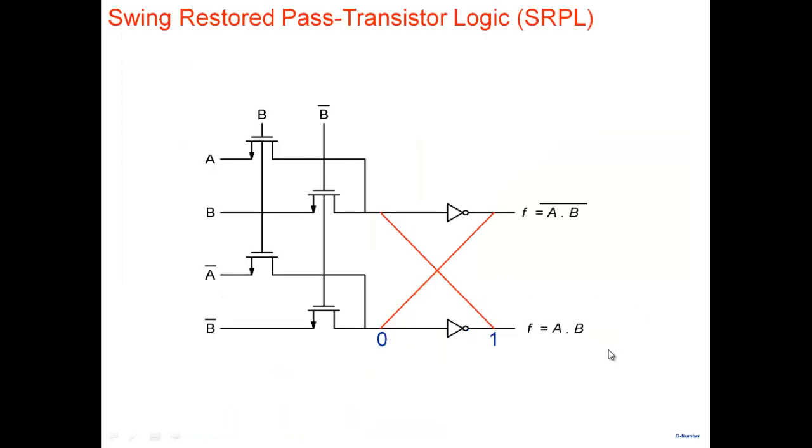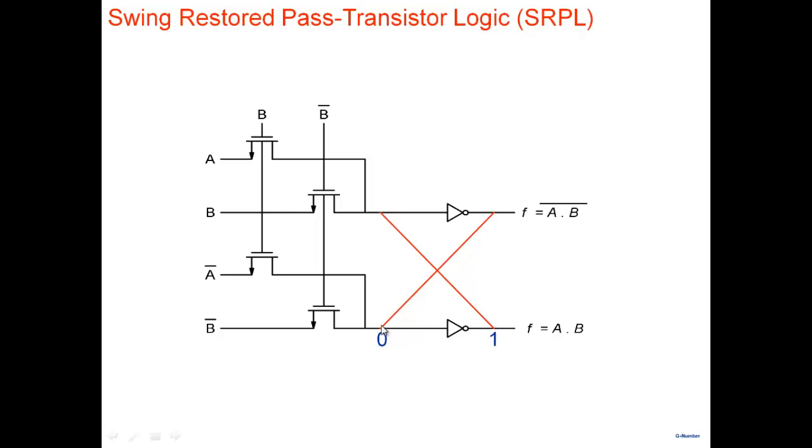All right, there are other versions of this pass transistor logic. In this case, they are trying to restore. So the idea was to restore, so that instead of a weak one, you get a better, stronger one here. What they do is take these inverters and connect the output of the inverter here.